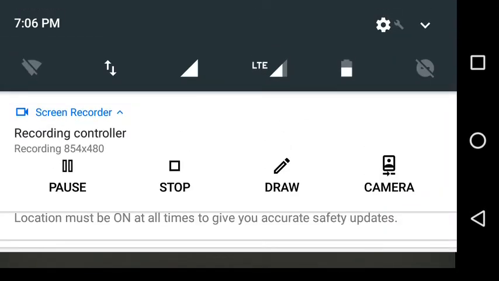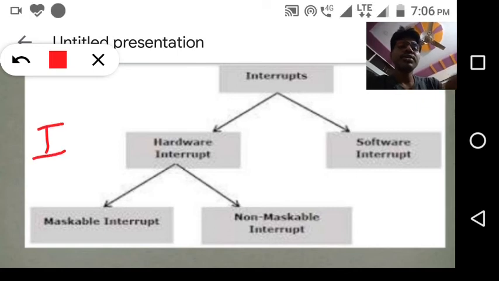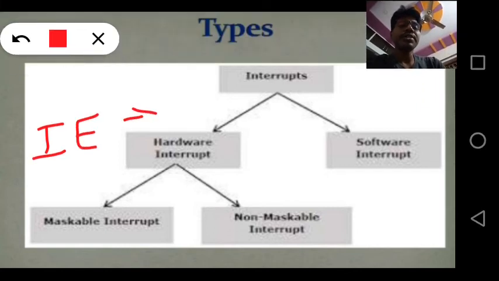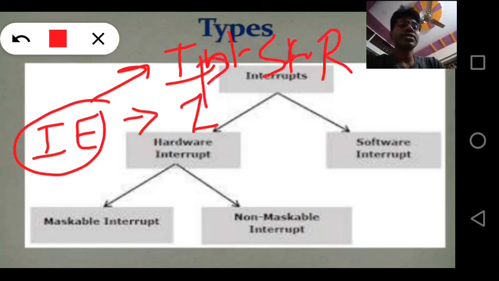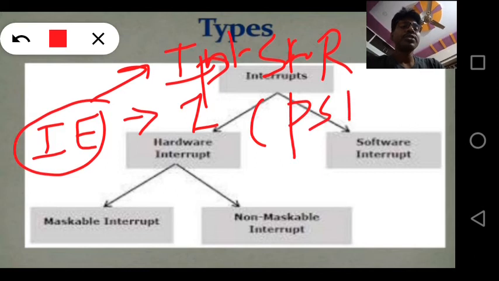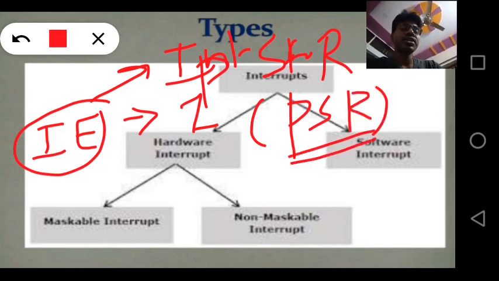By using a special bit called the interrupt enable bit. There is a special register in the processor called the processor status register, which contains a bit IE.